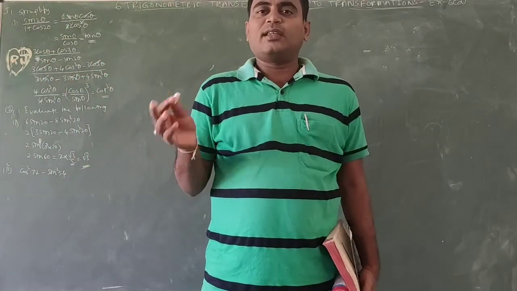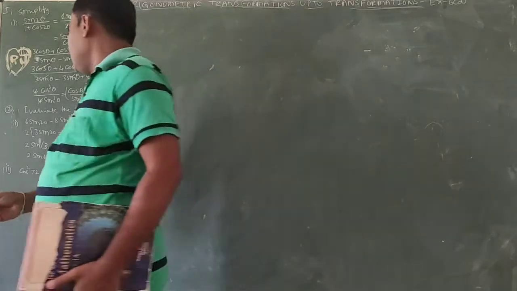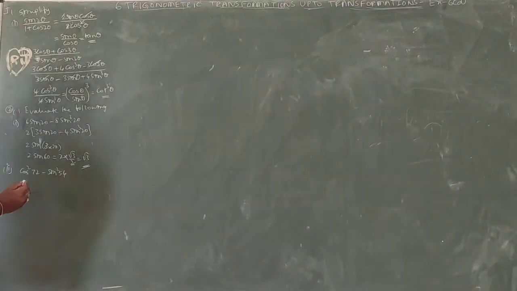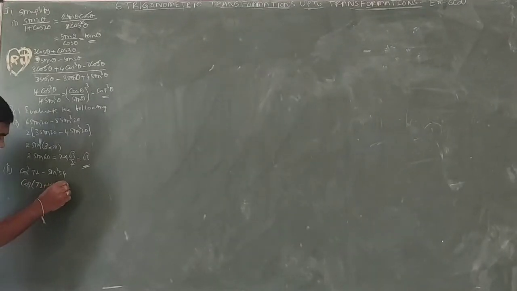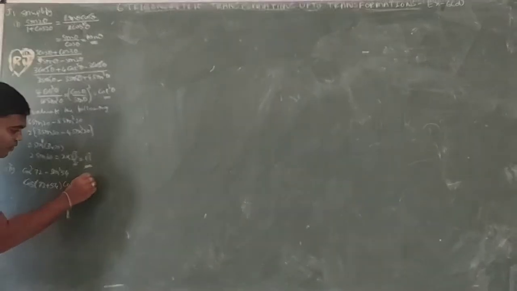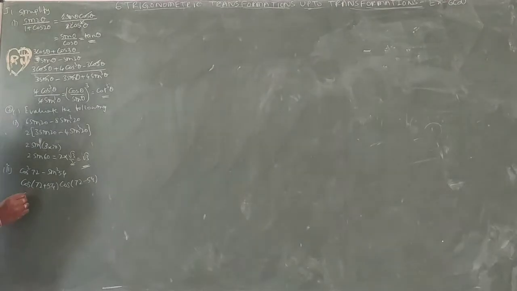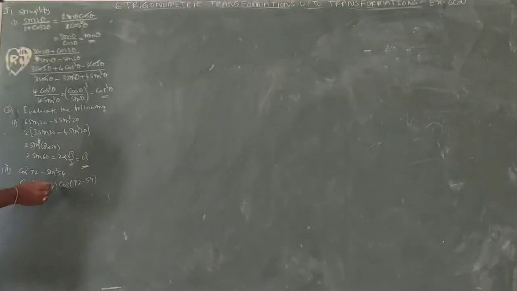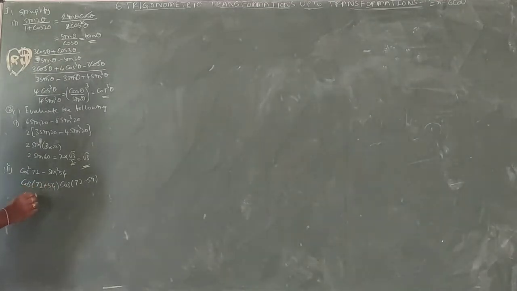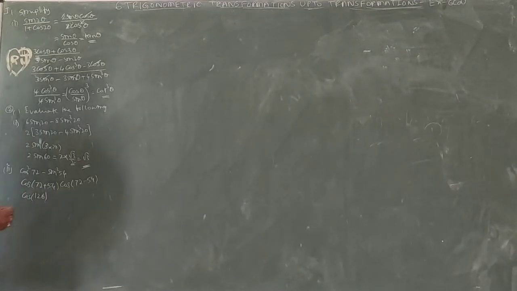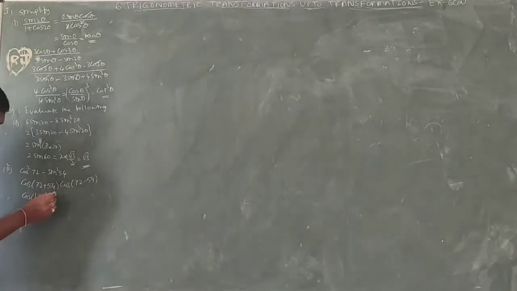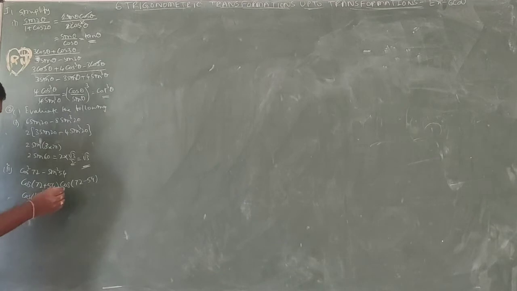The formula is cos of a plus b into cos of a minus b. Cos of 72 plus 54 into cos of 72 minus 54. So cos of 72 plus 54 equals 126. Next, cos of 72 minus 54 equals 18.